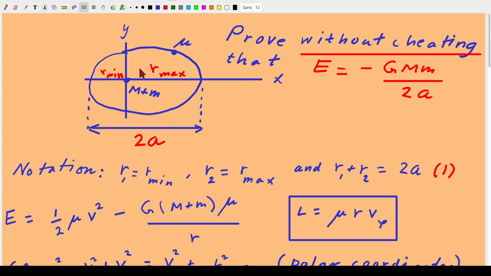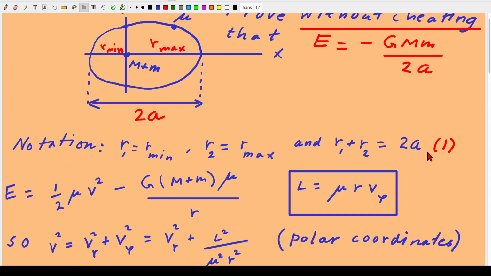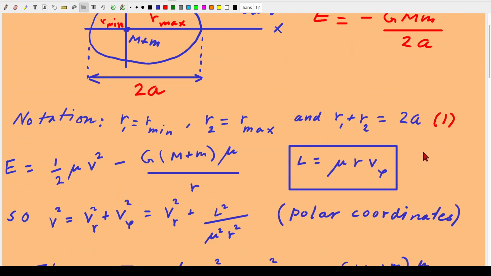But the speed in the r direction contributes zero to angular momentum, so it's only the phi direction that has any significance for angular momentum.